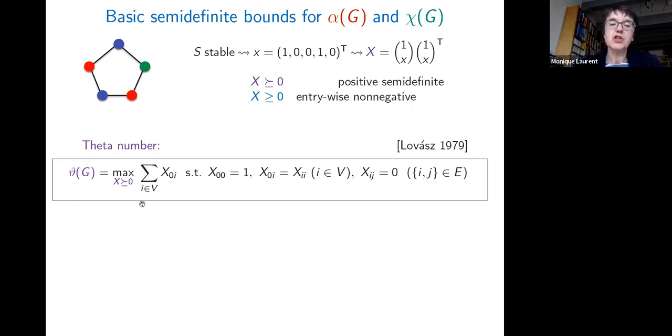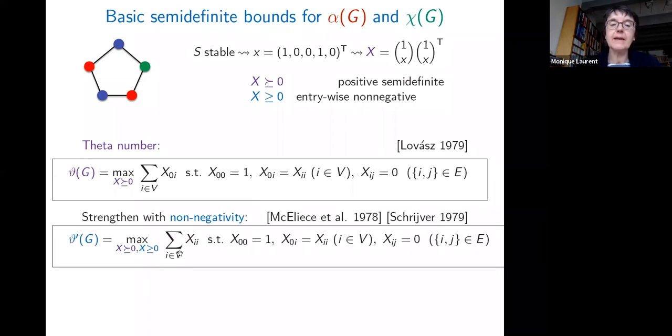So the objective is just summing up the entries corresponding to the starting entry variables xi. And these are the conditions which exploit the fact that the variable should be binary, and here these are the edge conditions. We can strengthen this parameter by adding non-negativity.